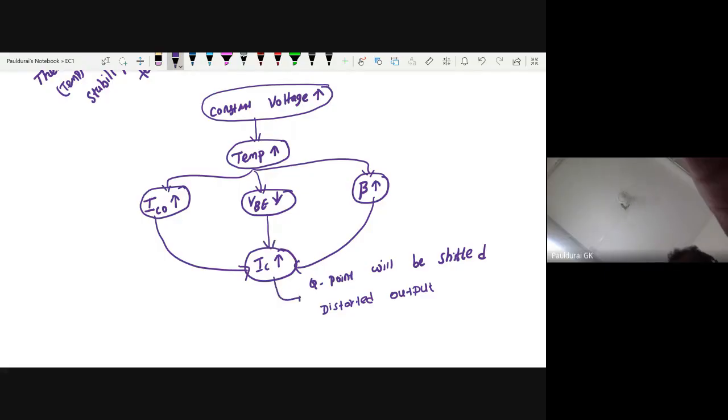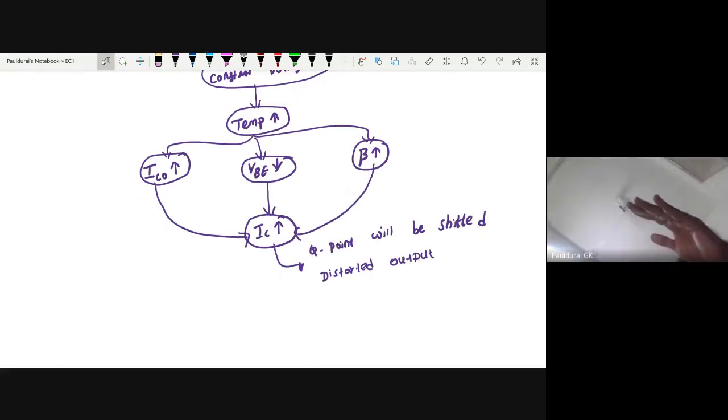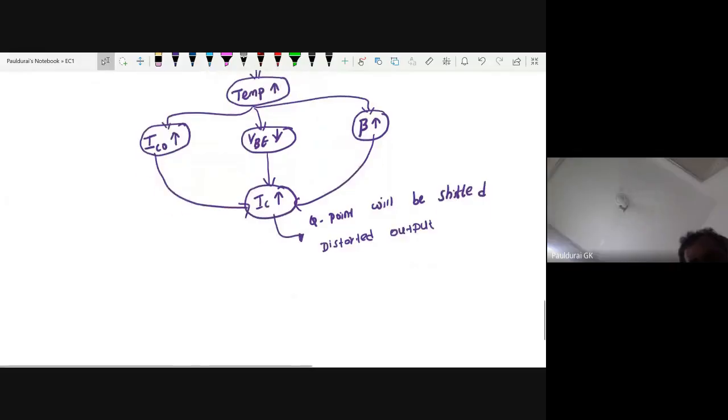If IC increases, what will happen? The Q point will be shifted, so you will get distorted output. So how to stabilize the Q point? Actually, we want to fix the Q point irrespective of ICO, VBE, and beta. So how to stabilize the Q point?